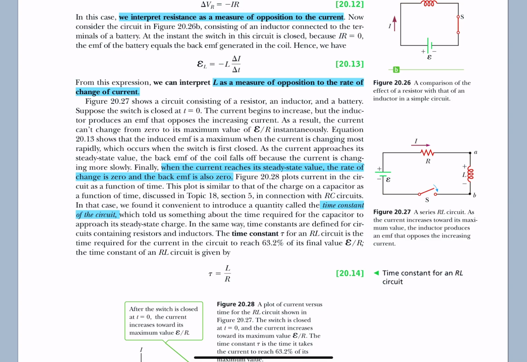In the inductor's case, you've got the pushback from the magnetic flux lines that are expanding or contracting around each loop in the solenoid. Now, the time constant is going to be defined by equation 20.14, very similar to the way that we define the time constant for a capacitor.